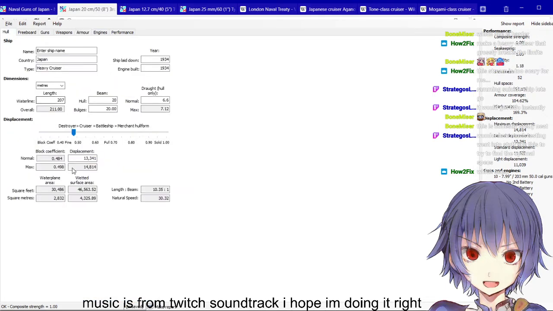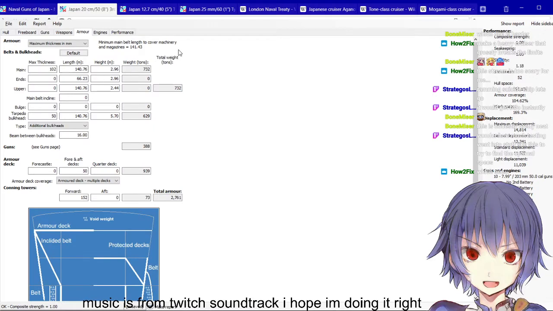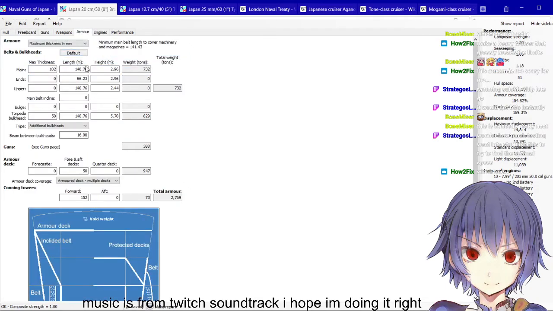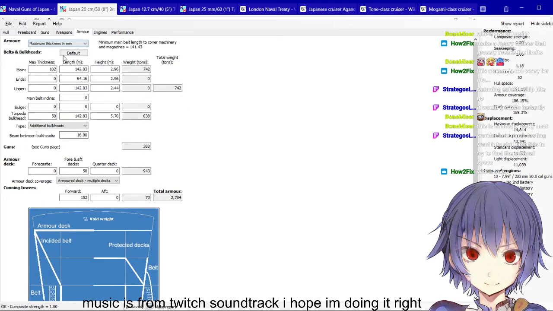Because we want the length covered to be the same as this, and we want the other length to be the same or more. So we're going to decrease these just a little bit. Perfect fit. We're going to have to come back to it in a little bit.